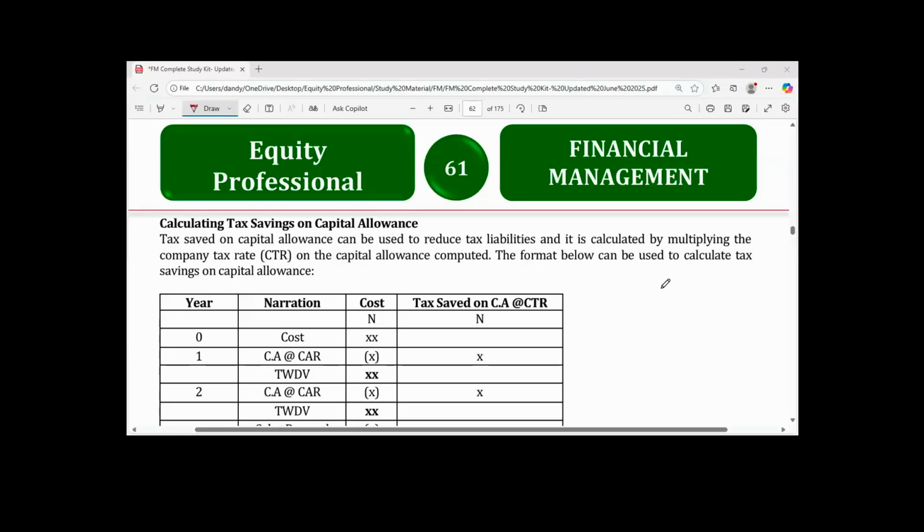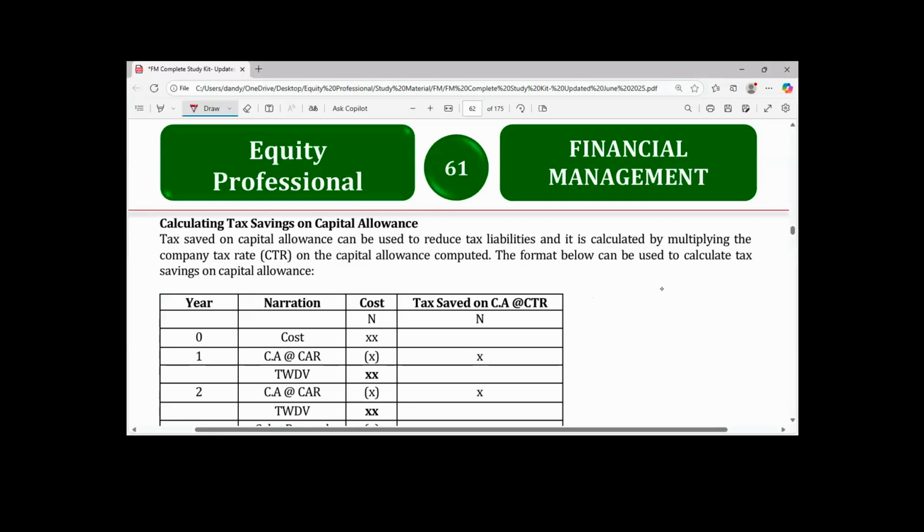Okay, so last week we completed discussions around capital budgeting. We started from the introduction to capital budgeting. We discussed the procedures involved in capital budgeting decisions. Thereafter, we proceeded to discussing the characteristics of capital budgeting.